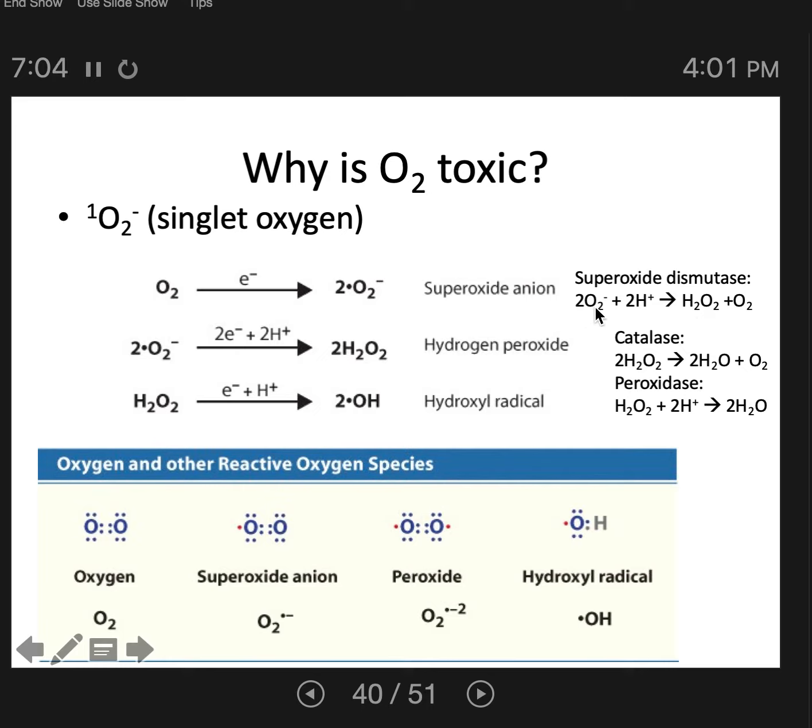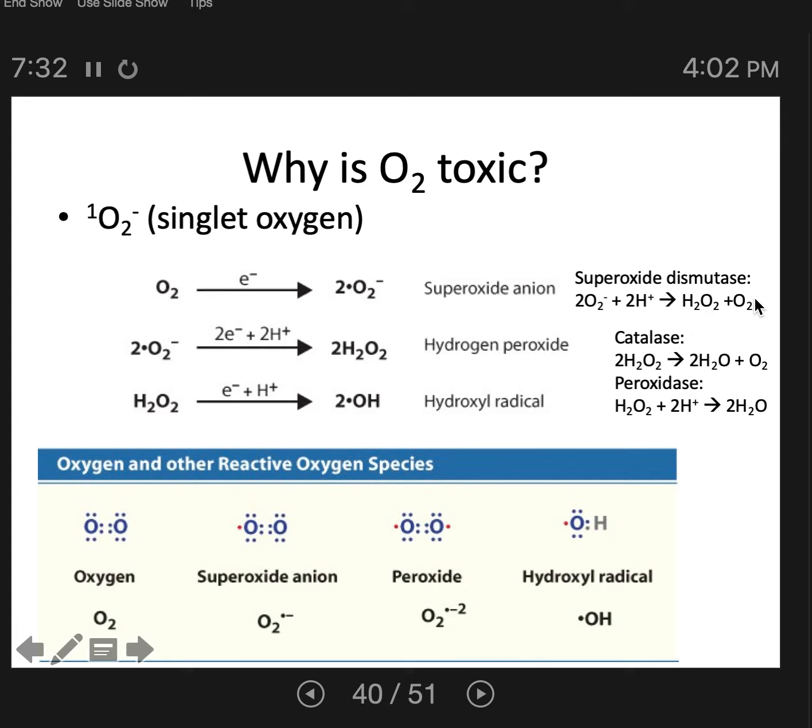So this singlet oxygen is a reactive oxygen species, and this hydrogen peroxide is also a reactive oxygen species. But this hydrogen peroxide can be acted upon by these 2 other enzymes, catalase or peroxidase, to be converted back into harmless molecules like water and oxygen. Okay, so superoxide dismutase takes singlet oxygen and converts it into hydrogen peroxide and atmospheric oxygen.